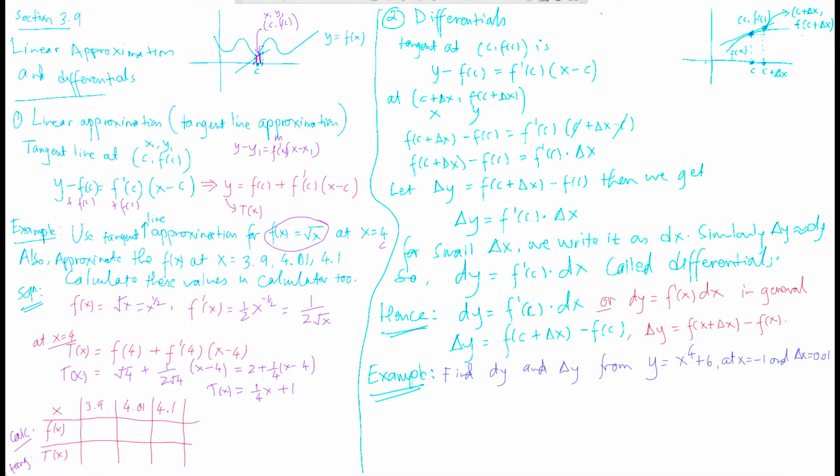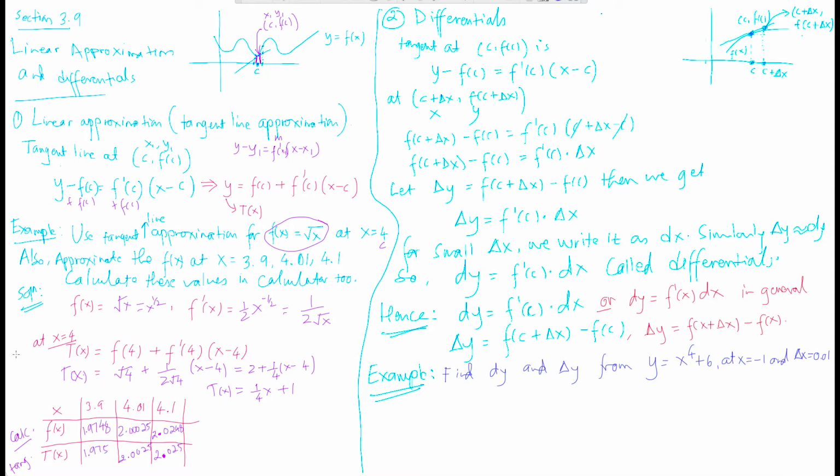Because we are using the tangent line to approximate the height of this function. Close to the point where we found the tangent, the height of the tangent and the height of the function are almost the same. That's what we call linear approximation, because we draw a tangent line at c and then use the tangent line to find the height of the function.